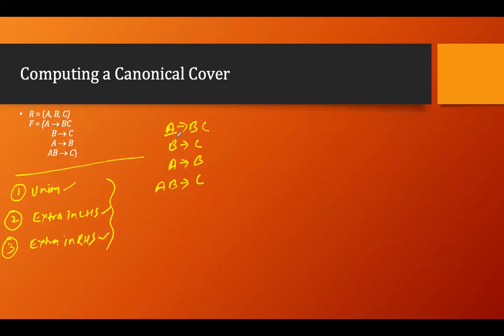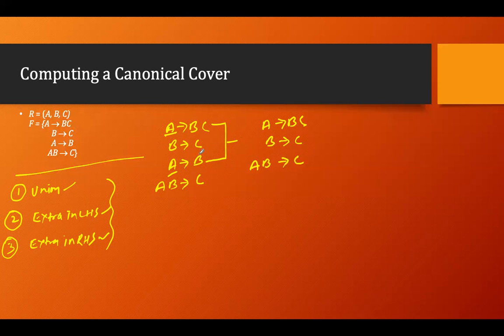Because the determining part is the same, A determines. We'll make the union of these two. What we'll get is A determine BC, B determine C, and AB determine C.